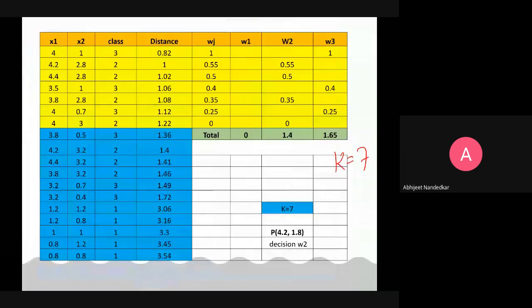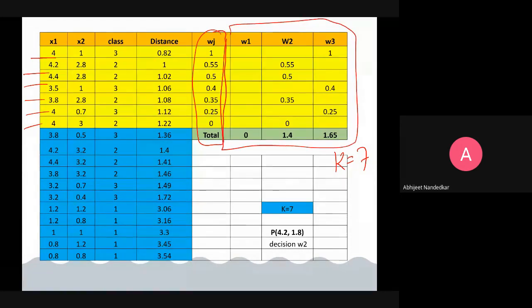Then using this formula for Wj, I computed the importance for each sample. Now we have to compute it for 7 samples. Then you shift the importance to this table for omega 1, omega 2 and omega 3 and add the importance or weightages of the respective classes.